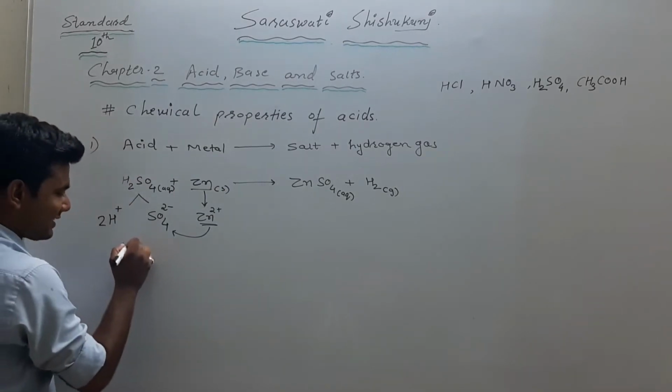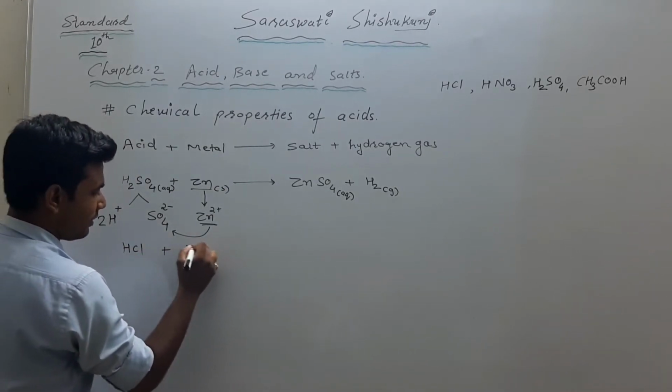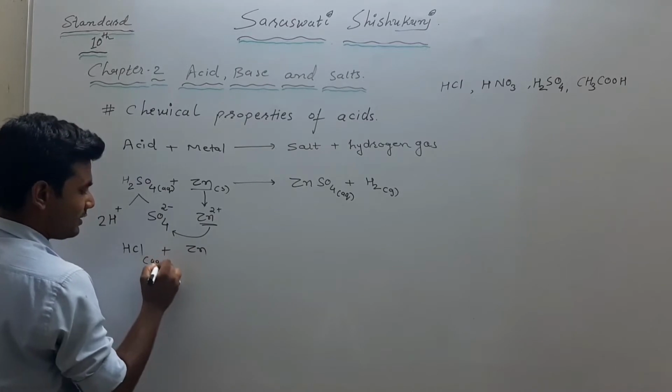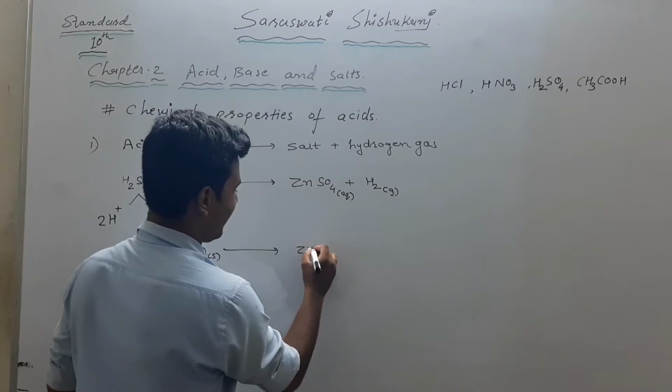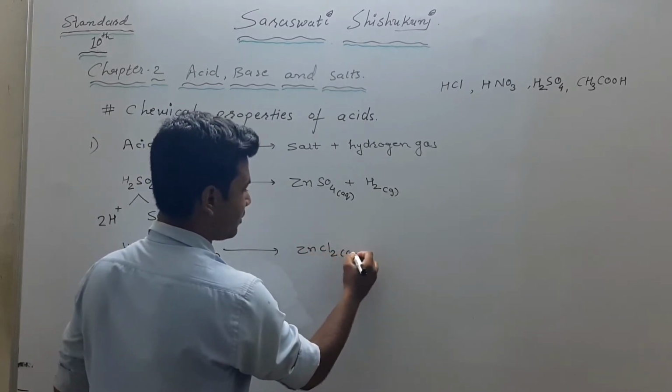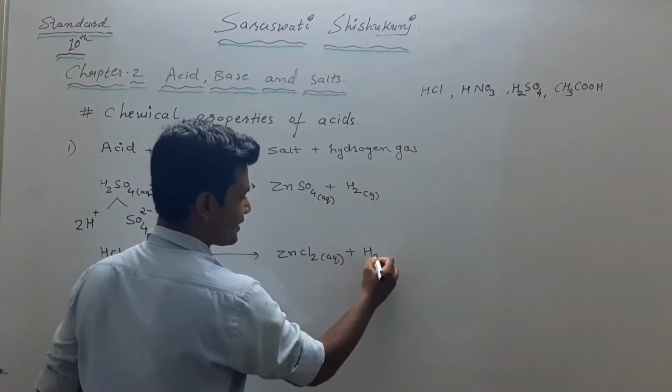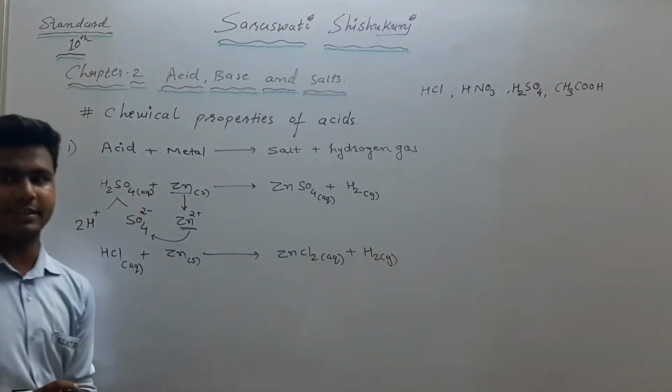If we take another acid, HCl, when it reacts with zinc, it will give us ZnCl2, which is aqueous, plus hydrogen as a gas.